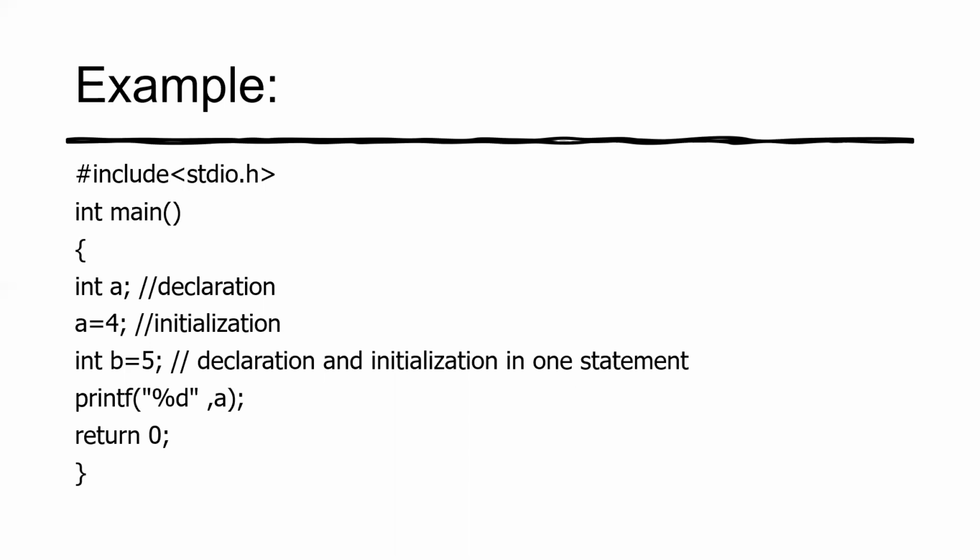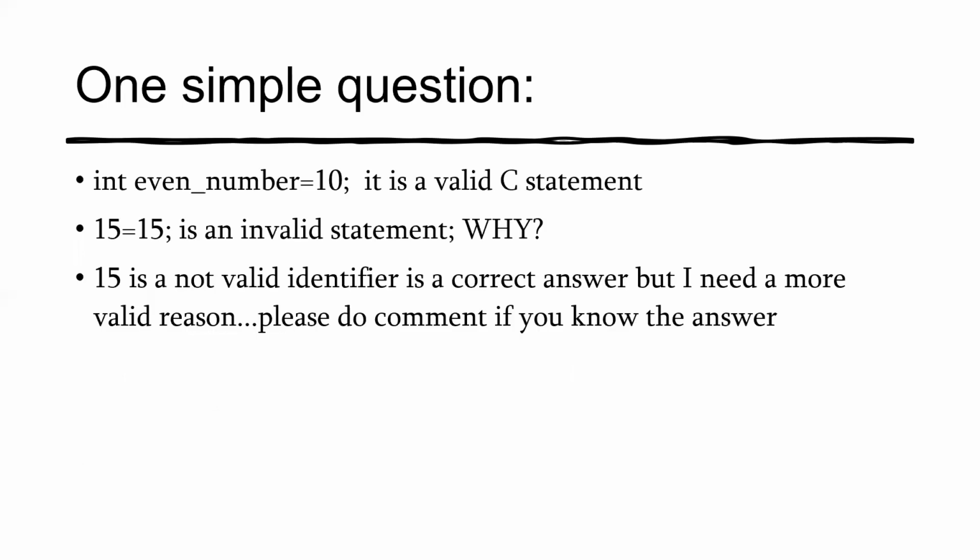Next, int b = 5. Here, the declaration and initialization of a variable have been done in only one statement. Here int b is a variable of type integer which is initialized with value 5. In the next statement, we are printing value a to the output screen. As we have used int main, we return 0, followed by the closing brace.